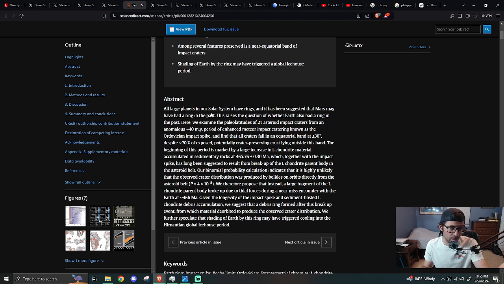All large planets in our solar system have rings, and it has been suggested that Mars may have had a ring in the past. This raises the question of whether Earth also had a ring in the past.